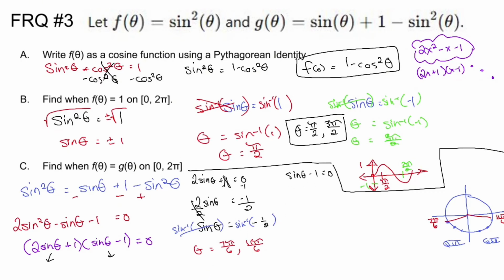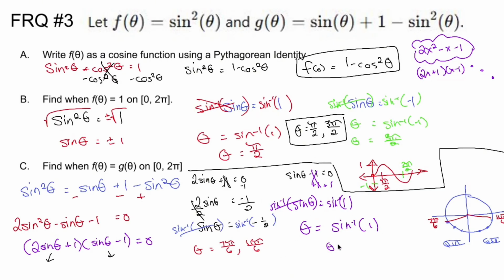Now we got to do this one. Let's add 1 to both sides, cross you out. Sine theta equals 1. Inverse sine both sides, cross you out. And theta equals the inverse sine of 1, which I already know is pi over 2.